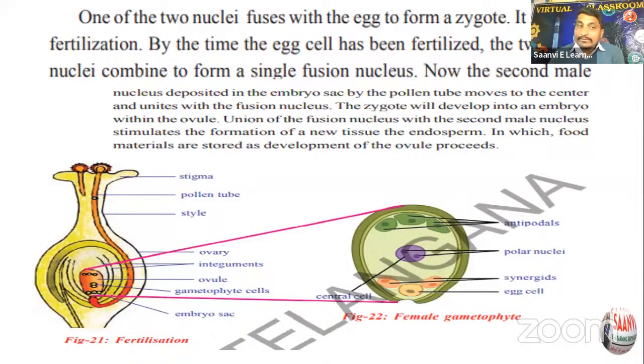Now, the second male nucleus is also there, deposited in the embryo sac by the pollen tube. It moves to the center and unites with the fusion nucleus. The zygote will develop into an embryo within the ovule.